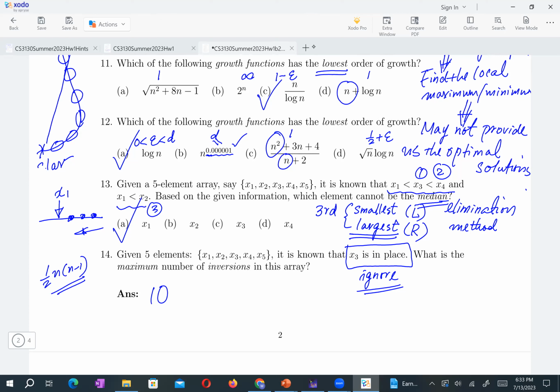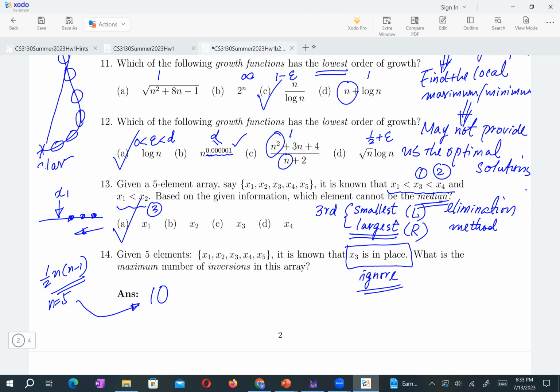Here we apply that formula because there is no in-place condition, so we don't worry about that. We just apply it for n equals 5. You plug in 5, so you get 10. Answer 10.